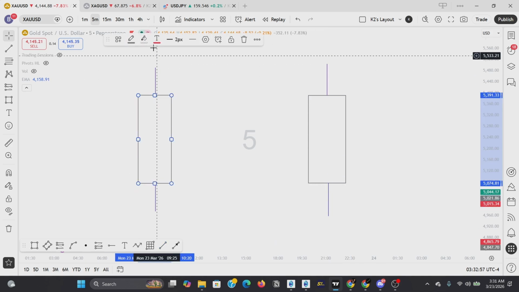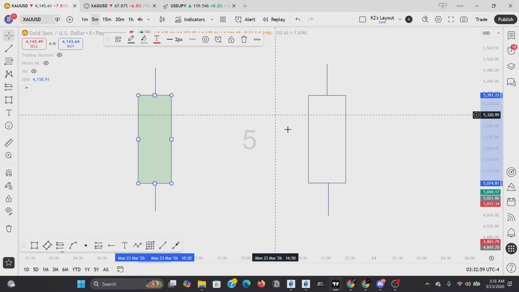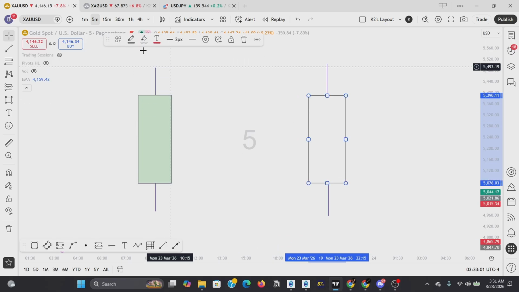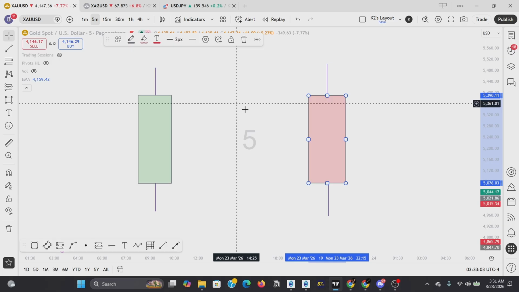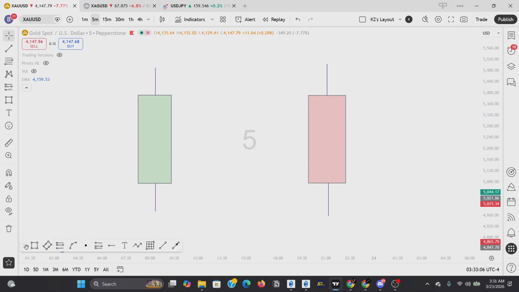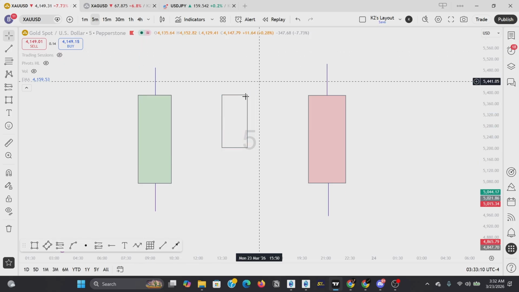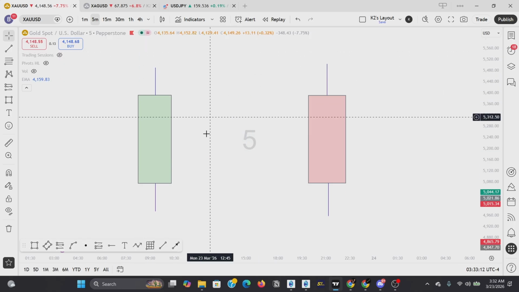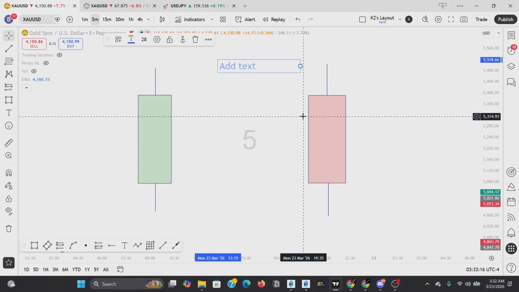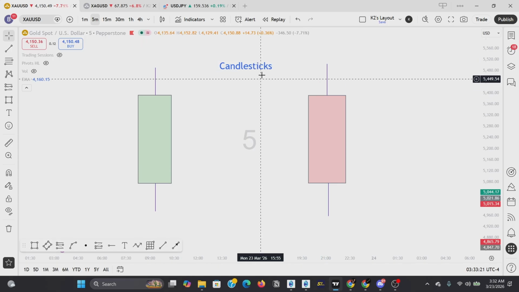Okay. Make this one green. Make this one red. All right. Oh yeah, let me also reset it because I don't need it being that color. All right. So these two are both candles or candlesticks.